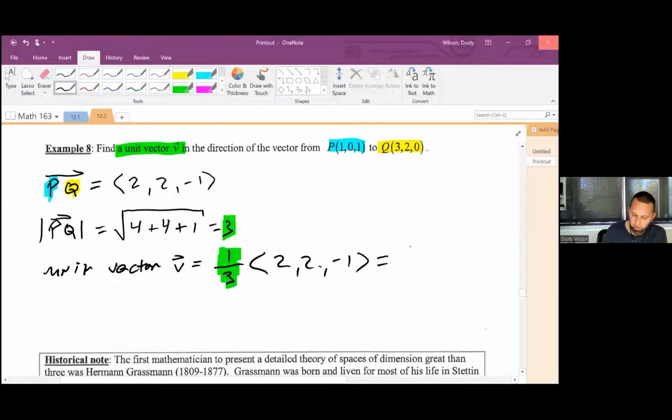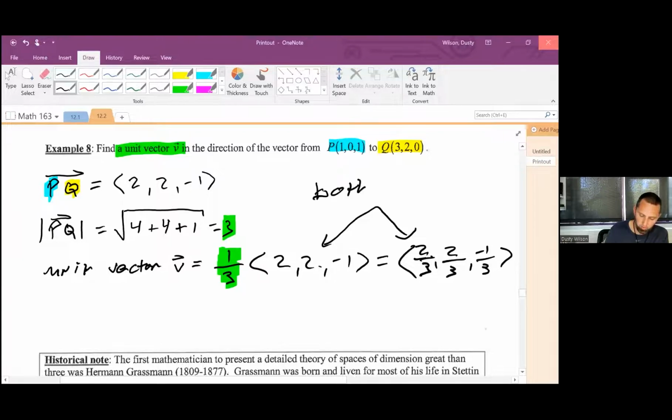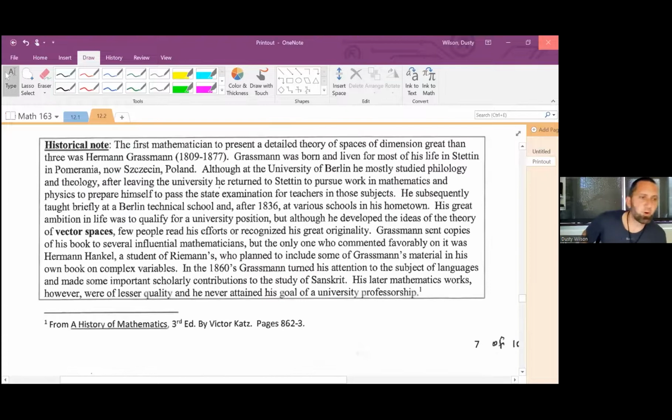If you wanted to put this all together, you'd have 2 over 3, 2 over 3, negative 1 over 3. And both of these results would be okay representations.